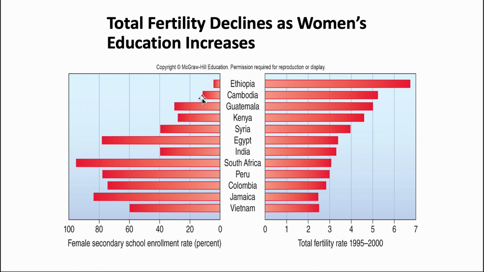There's not a lot of infrastructure. So child mortality and infant mortality is really high. Families have to reproduce enough children so they can help work the land, etc. Right?